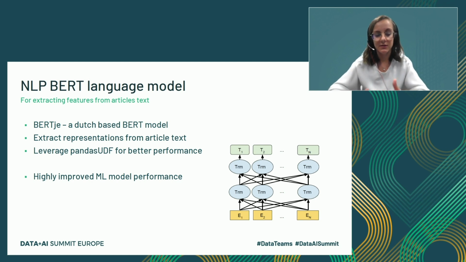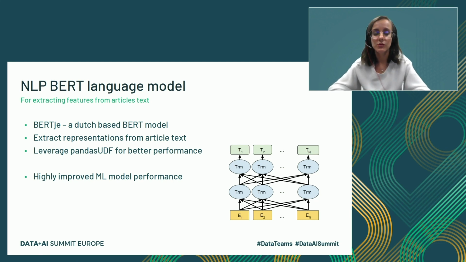First, we looked at BERT, which is originally trained on English text, but our articles were mostly in Dutch and French. So we wanted to first try to solve the articles that were written in Dutch. For this case, the original BERT model that was trained on English text was not really an option for us.